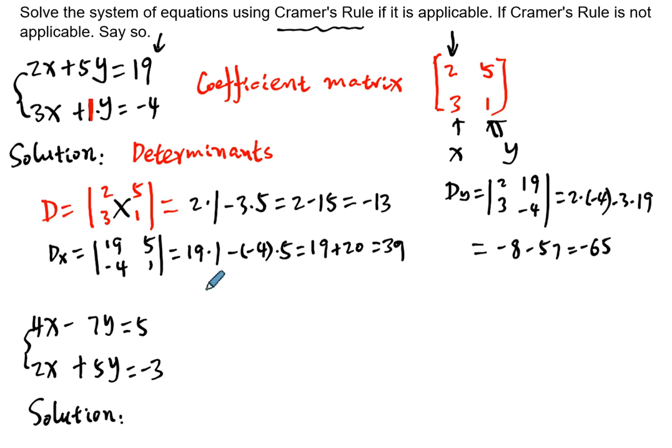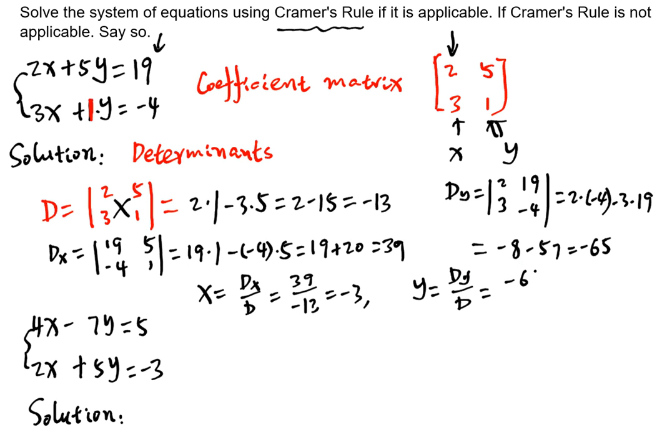So x will be calculated like dx over d, which is 39 over negative 13, which is negative 3. What is y? y will be dy divided by d.